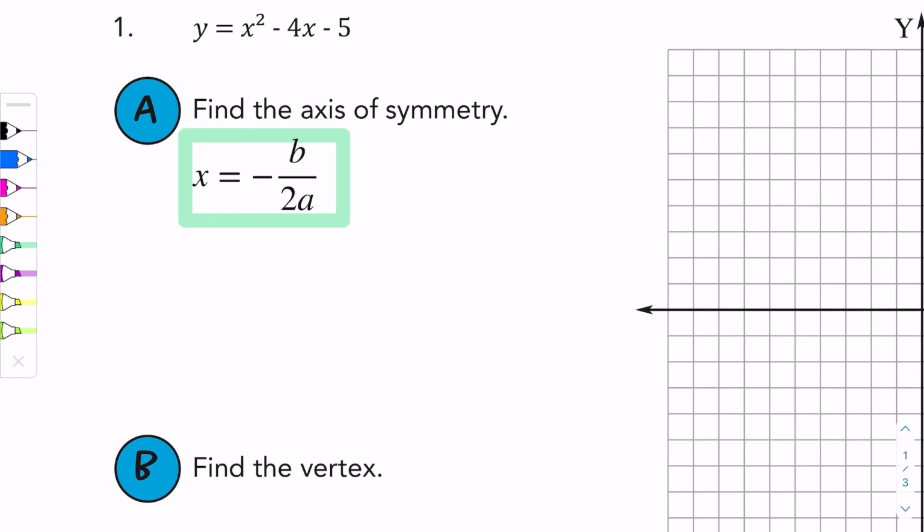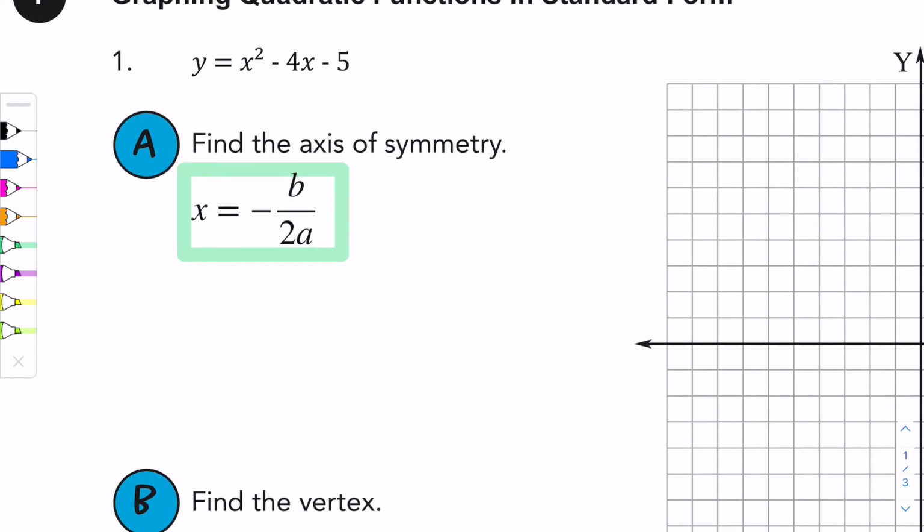In the above equation, we have x squared minus 4x minus 5. I'm going to identify my a value as 1, my b value as negative 4, and my c value as negative 5.